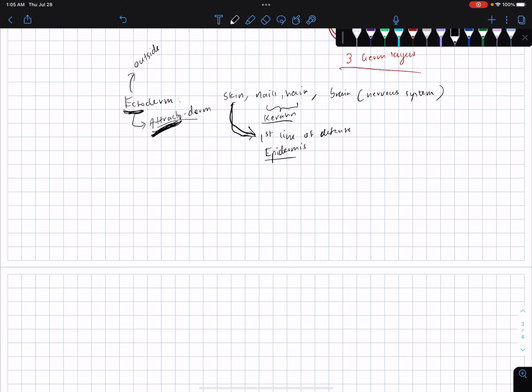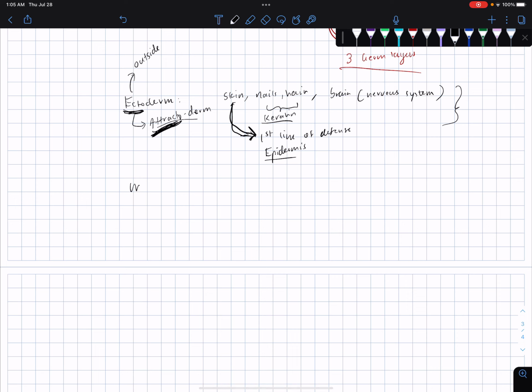We will also review this more in another upcoming video, hopefully, regarding the different layers of the skin and the different functions of the different layers of the skin as well. So this is the main thing that you need to know for what the ectoderm does. Let's do mesoderm next, actually.